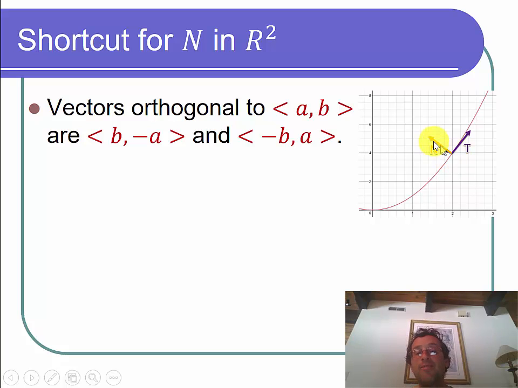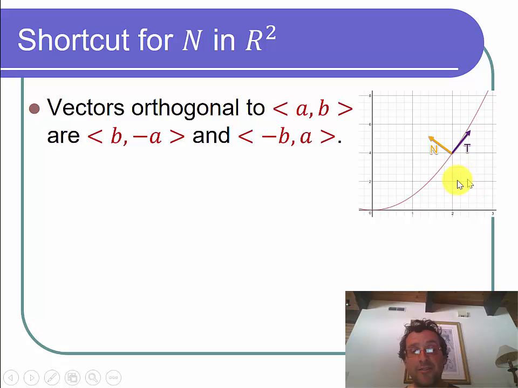So for example, if the normal vector is pointing to the left, you make sure that the i component is negative. And had the normal vector been pointing to the right instead, then you make sure that the i component is positive.